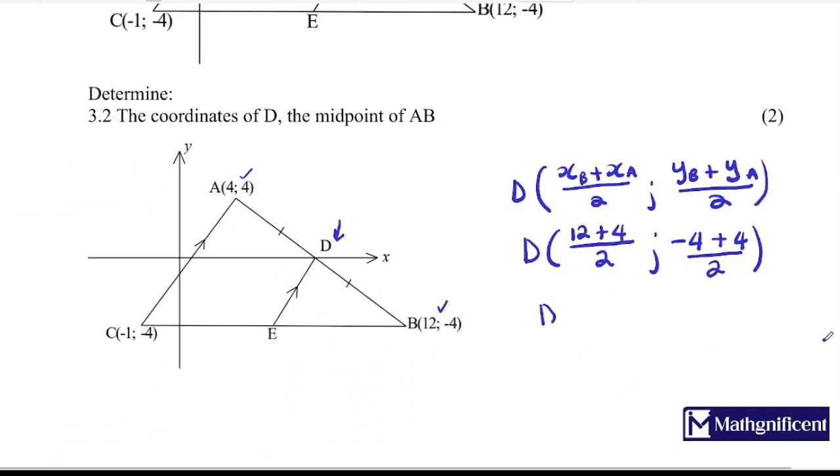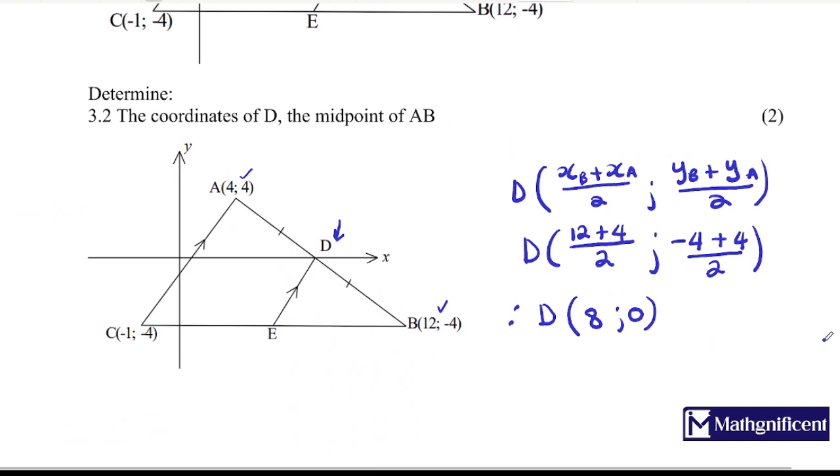Going further, D here is going to be: 12 plus 4 is 16, and 16 divided by 2 is going to give us 8. And then negative 4 plus 4 is 0, and 0 divided by 2 gives us 0.